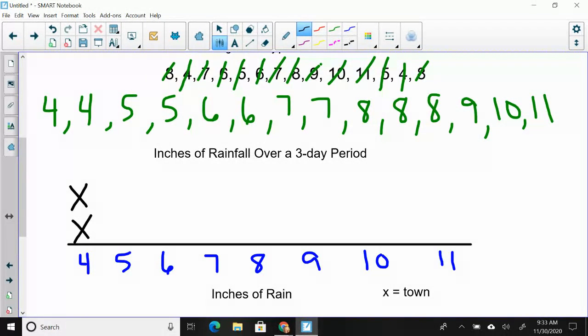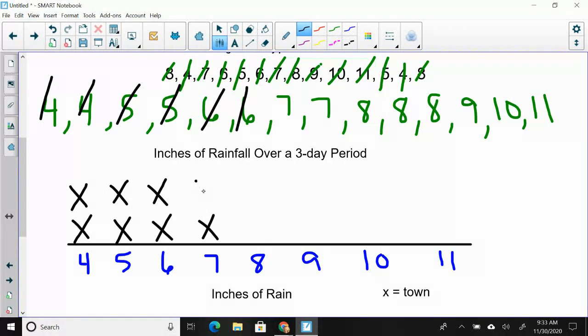Okay. How many towns had 5 inches of rain? 2. So the 5 also gets 2 X's. How many towns had 6 inches of rain? 2. So we need 2 X's for that. How many towns had 7? 2. So we need 2 X's for that.